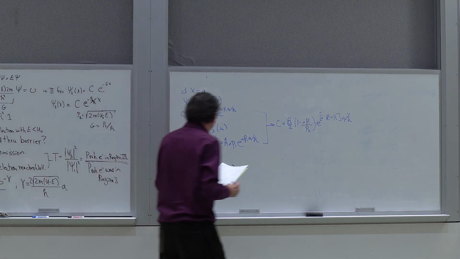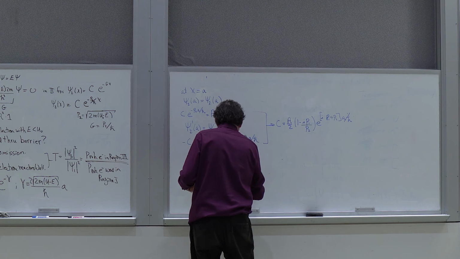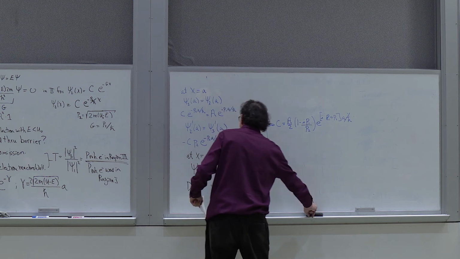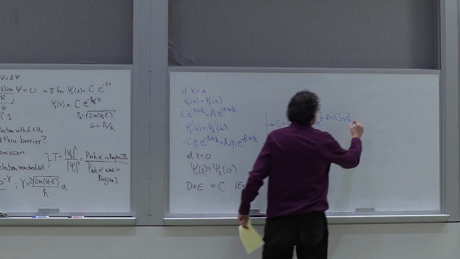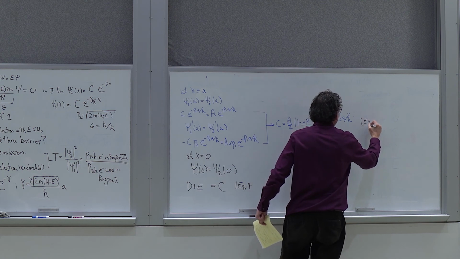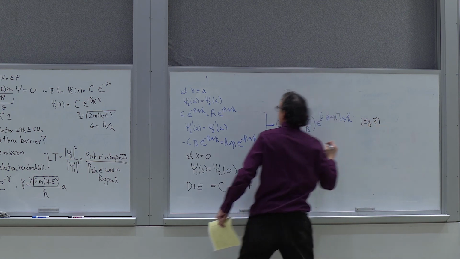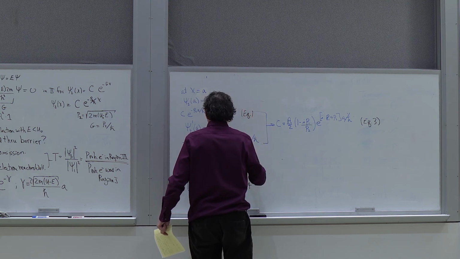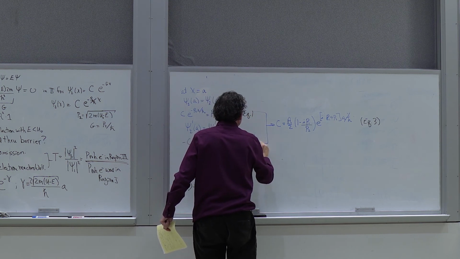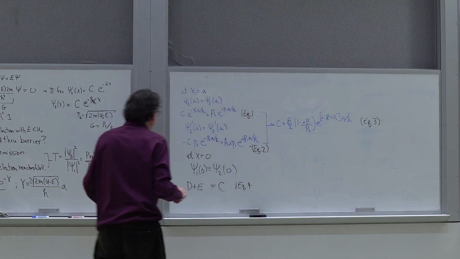Then I do a fourth equation. We'll call this equation number 4. This is equation 3, and this is equation 1, and this is equation 2. So I have equation 1, 2, 3, and 4.